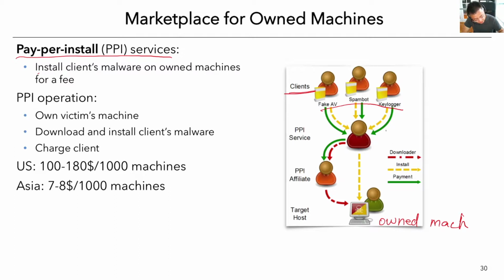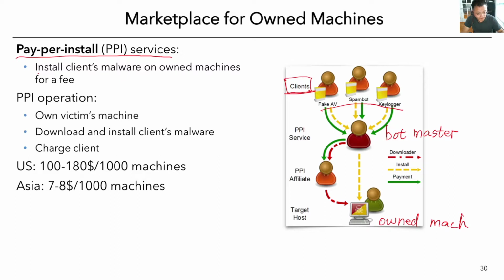This guy is called a bot master. He is running the botnet. The bot master can install their malware into the botnet he or she owns, right? By doing so, those clients will pay a fee to the bot master.